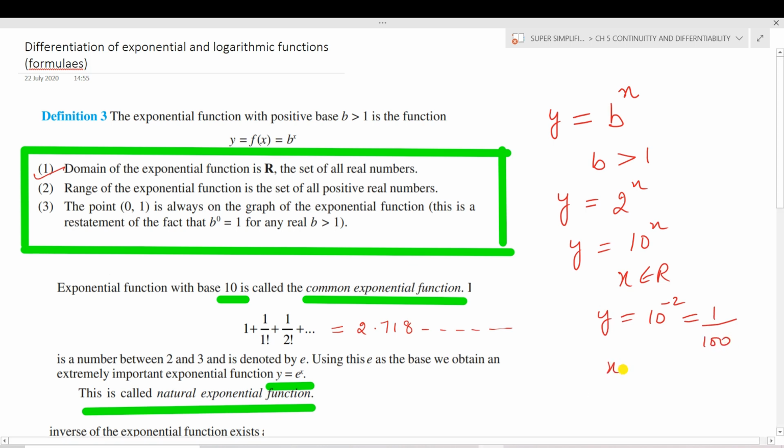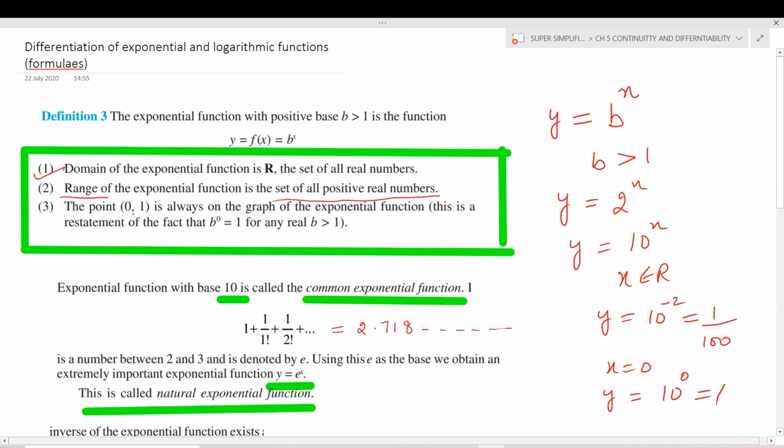If you take x to be 0, the value of y comes out to be 1. So whatever value we give to x, it can be any real number, but the output is always going to be a positive real number, and hence the range of the exponential function is the set of all positive real numbers.